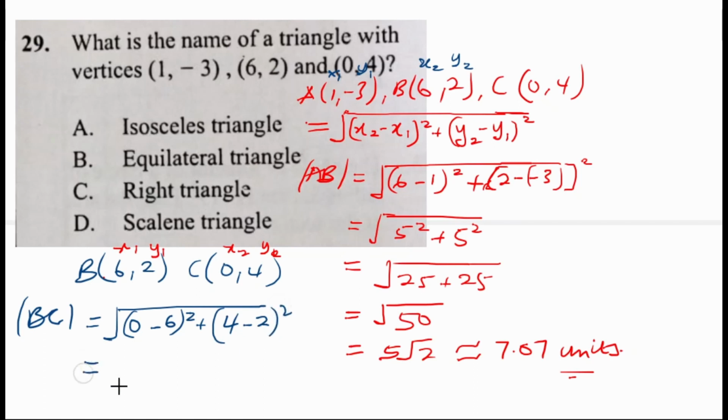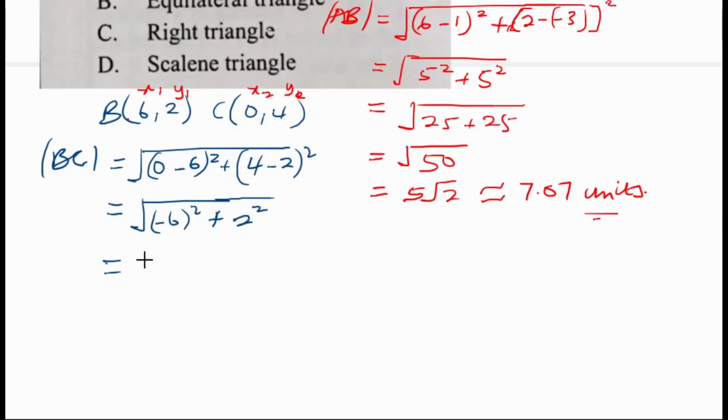Then simplifying further, this gives us 0 minus 6 is negative 6 squared plus 4 minus 2 is 2 squared. And this gives us negative 6 squared is 36 plus 4.